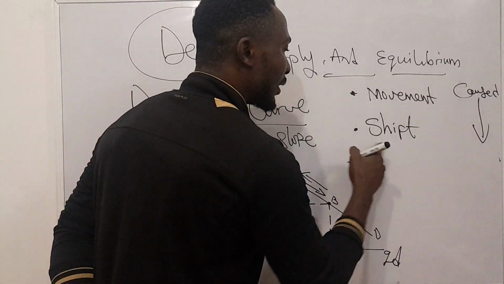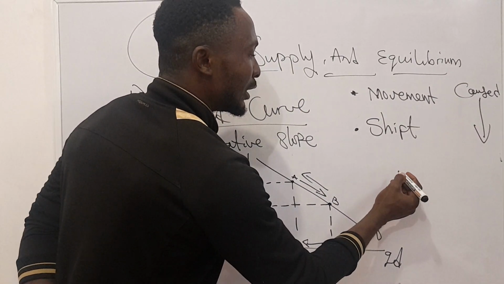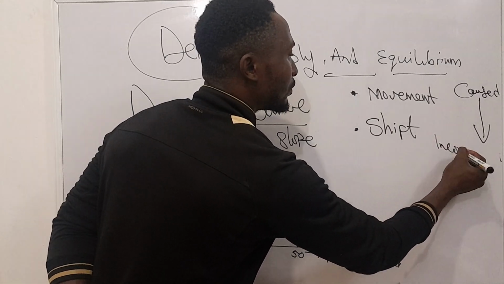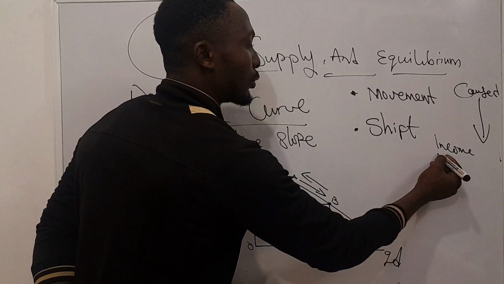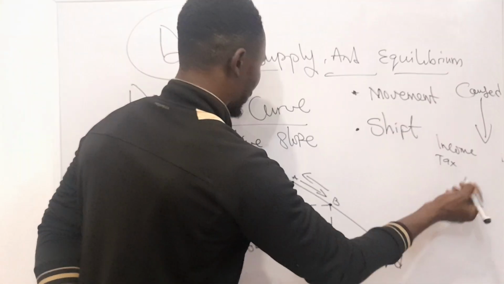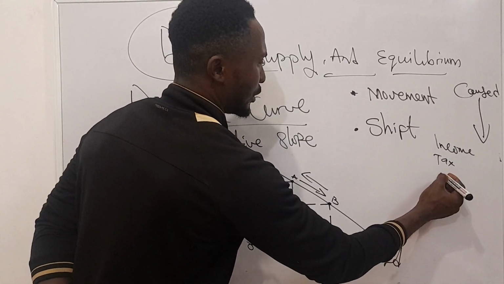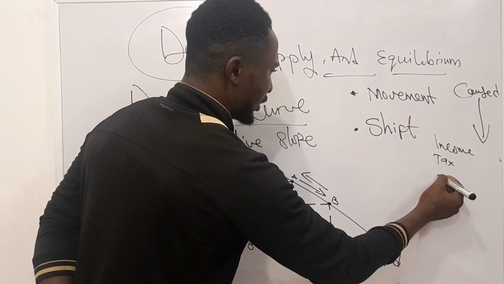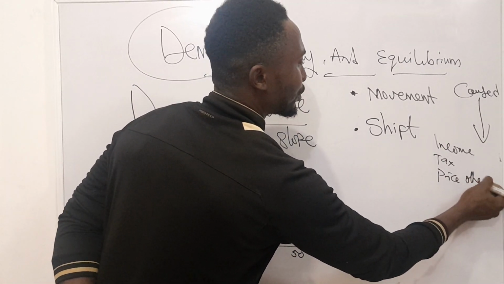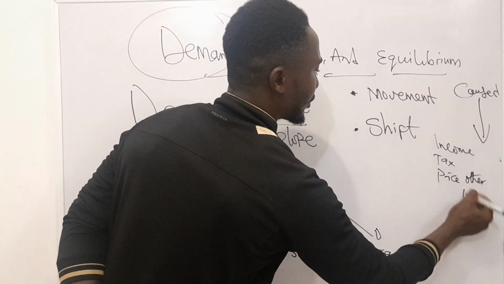So what we have here goes this way. We have things that can cause a shift, such as maybe the income of the consumer. Also, things that can cause a shift could be taxation. Things that can cause a shift could also be the price of other products or the price of related products.